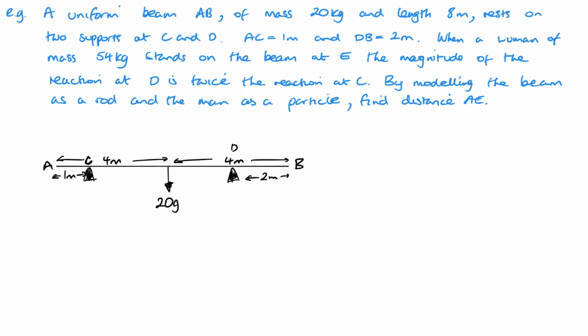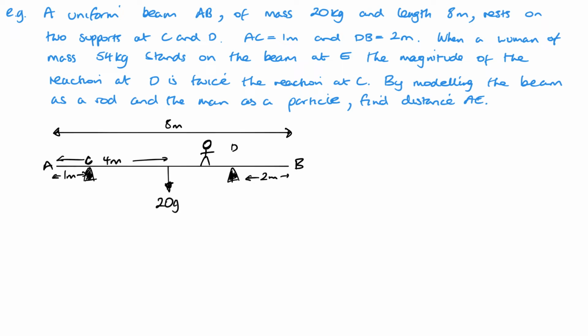Now I also have a woman of mass 54 kilograms standing on the beam at E. I don't know exactly where this person's standing, but you can see that the reaction at D is double the reaction at C. So this person is more likely closer to D than to C. So I'm going to put this person on here.